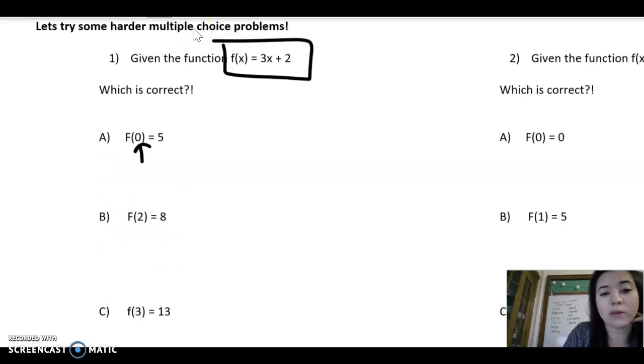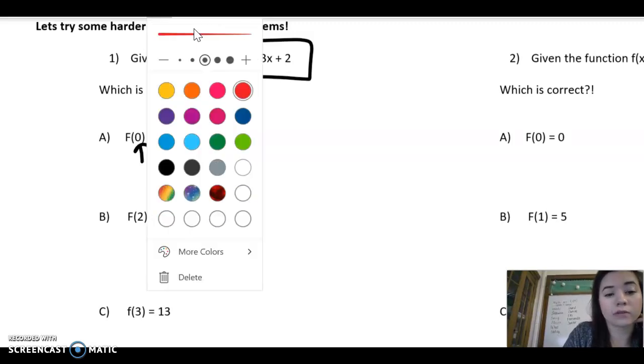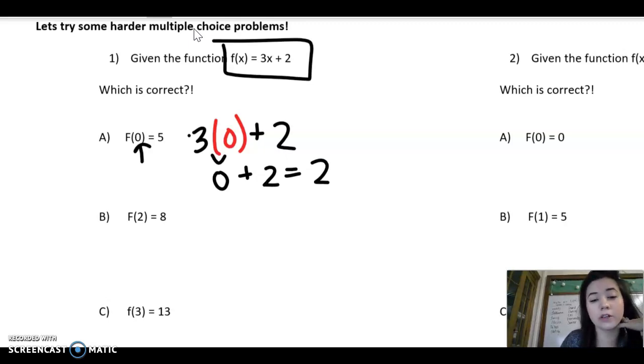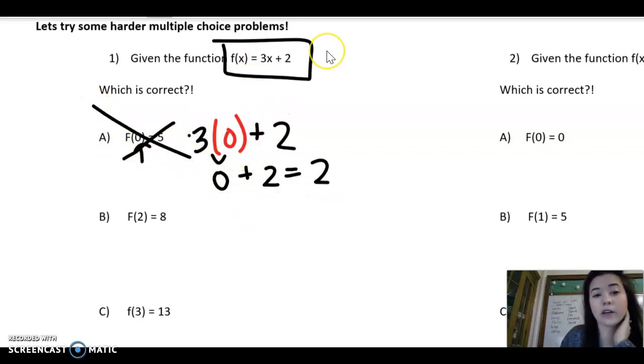So the first one tells me to plug in 0. Three times 0 is 0, and that equals 2. So this told me f of 0 equals 5. That's incorrect. F of 0, my function, when I plug in 0, equals 2. So that's not the answer.